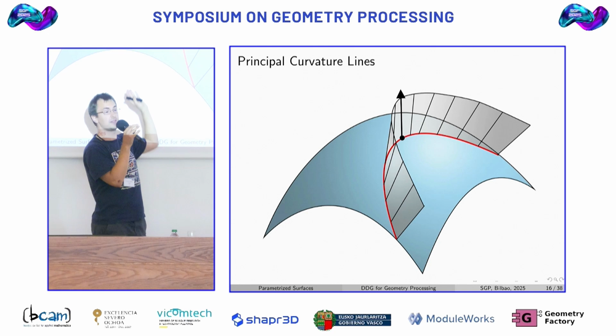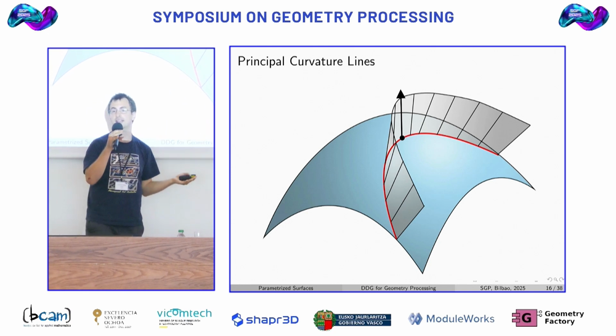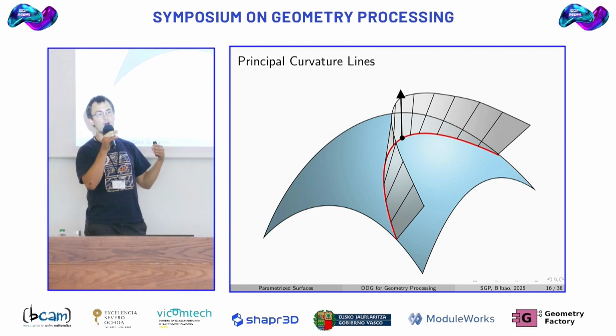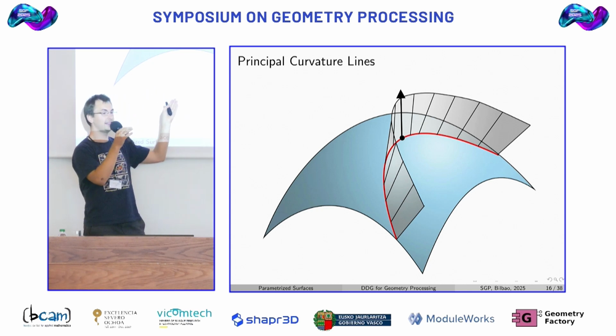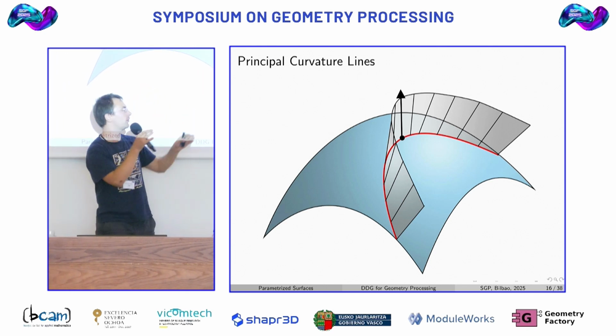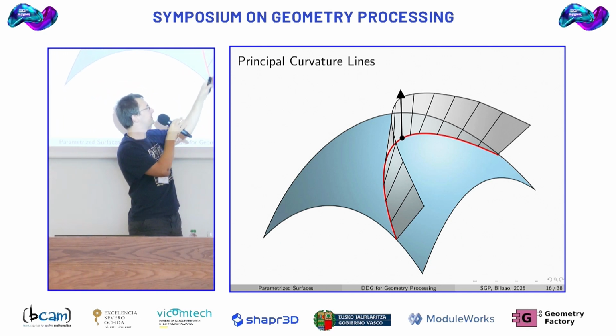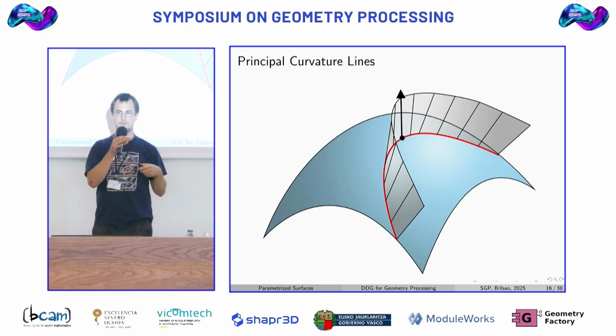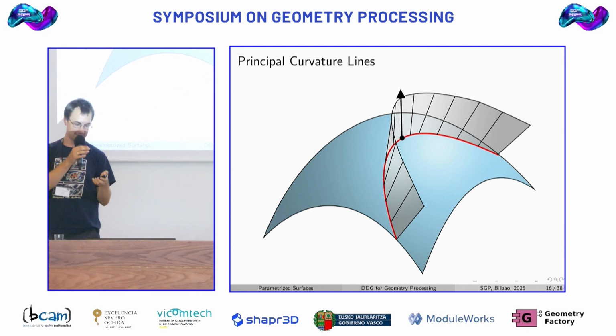And this defines a new surface. Exactly for principal curvature lines, this is again a developable surface, meaning neighboring normals intersect.